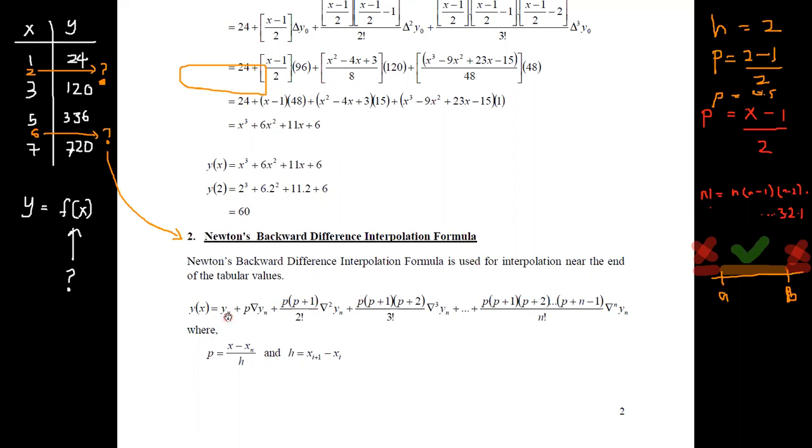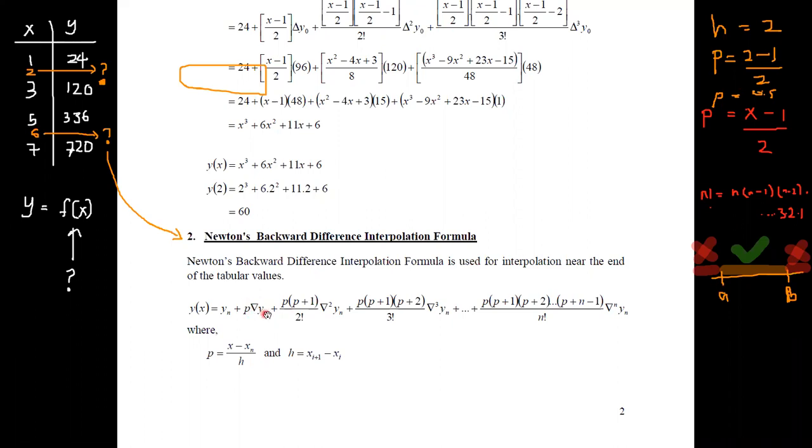In the previous method, we had used the initial value, but here you will use the last value of the data set. Then this plus p nabla yn. We will again see what value we can use for nabla yn, and this notation is said to be the nabla.